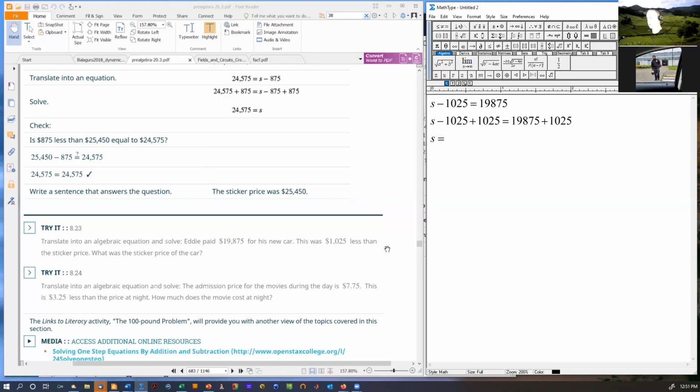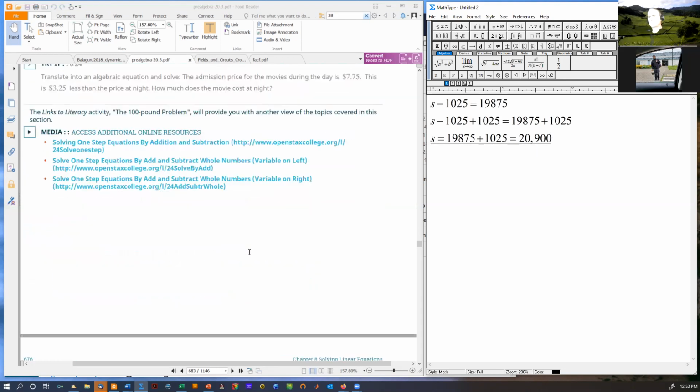So S is equal to 19,875 plus 1025, which is equal to 20,900. I think that's right. Yeah, 20,900. Okay. So the key with all of these is just remembering how to set the problem up.